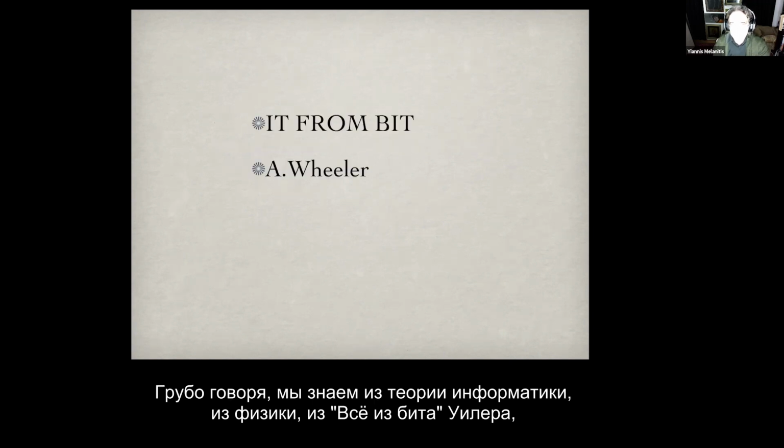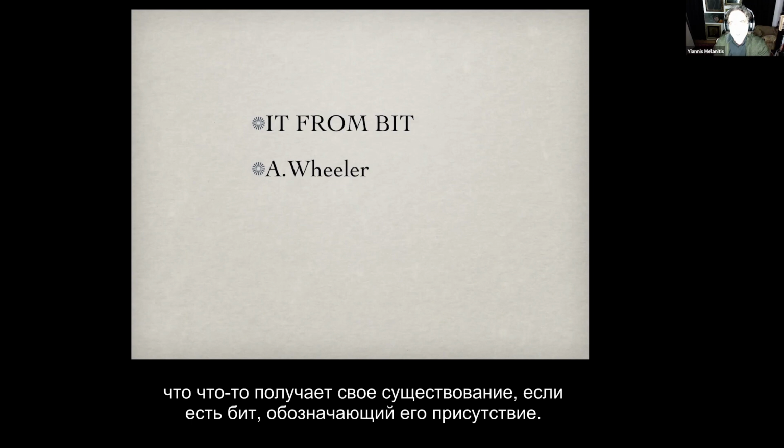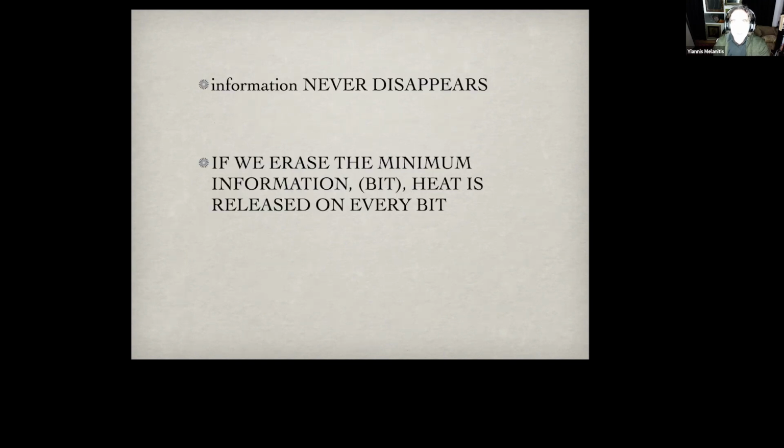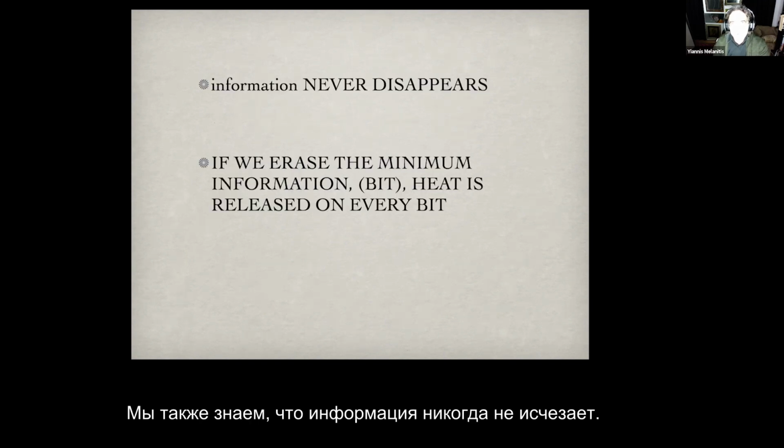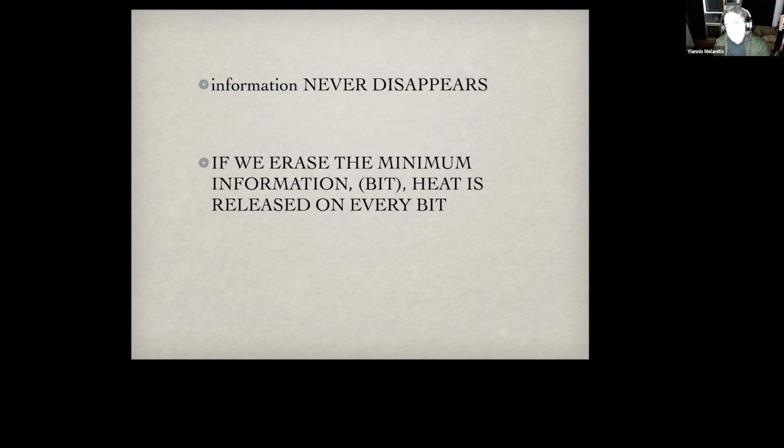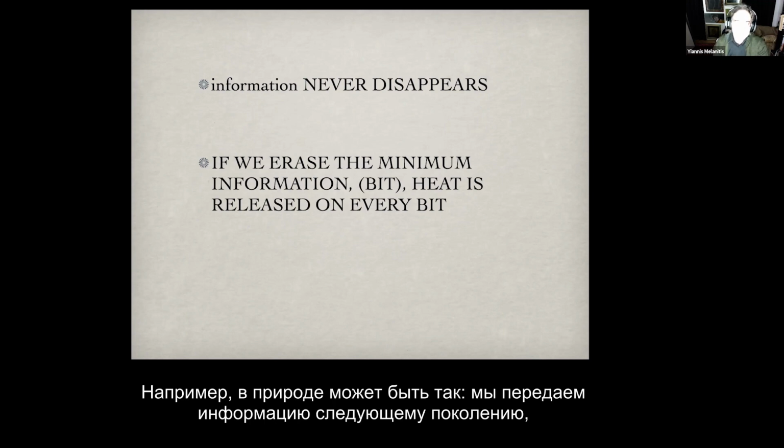We know from information theory, from physics, especially Wheeler's "it from bit", that something gets its existence if there's a bit denoting its presence. We also know that information never disappears. For example, in nature, we pass information to the next generation.